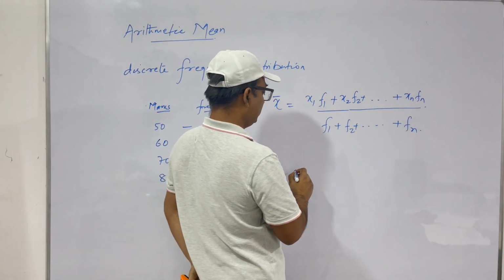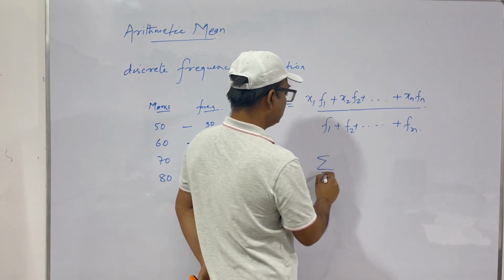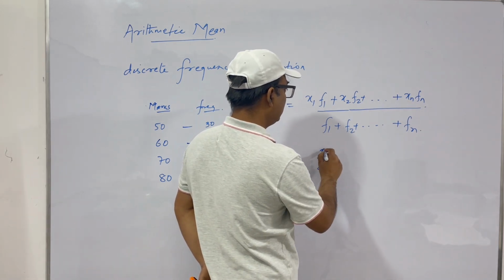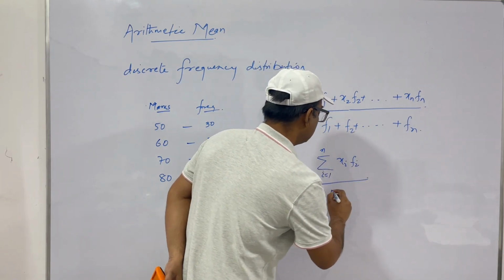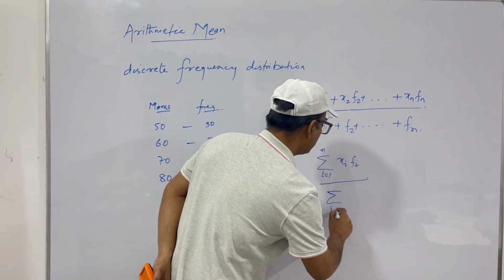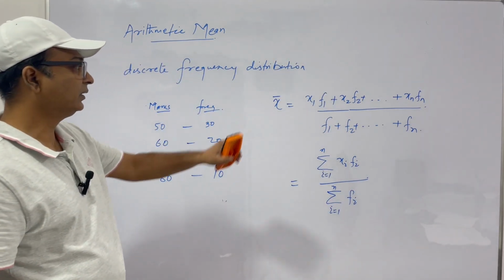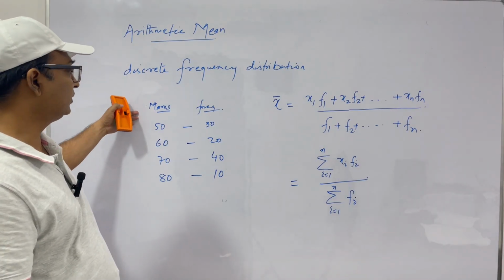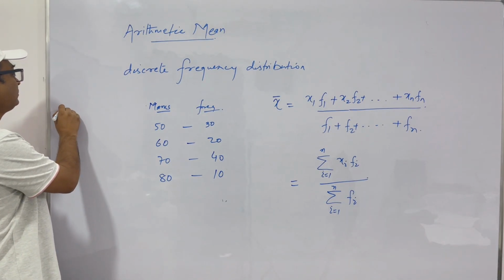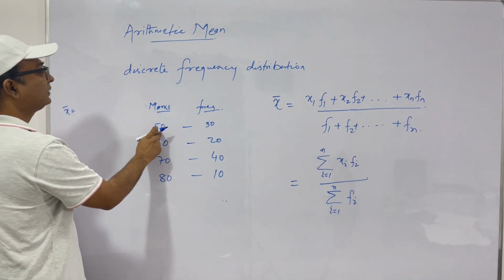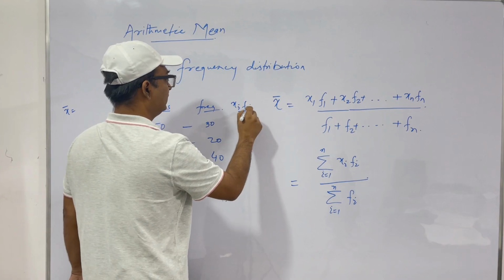So this can be written in notation form as sigma i equal to 1 to n xi fi by sigma i equal to 1 to n fi. Okay, let's find the arithmetic mean of this distribution. How will we find it? It is this into this. So let's write it here: xi into fi.